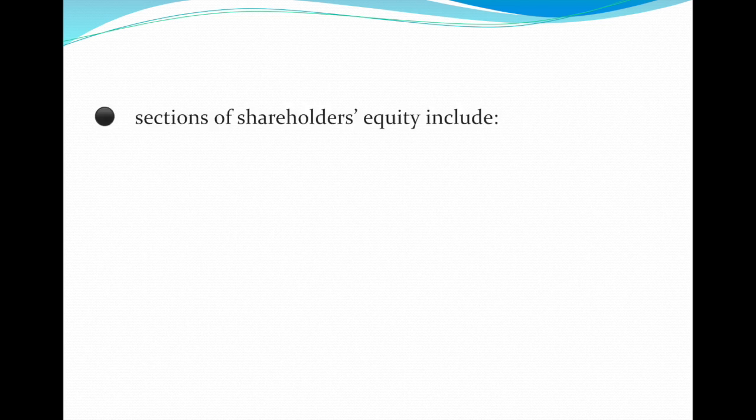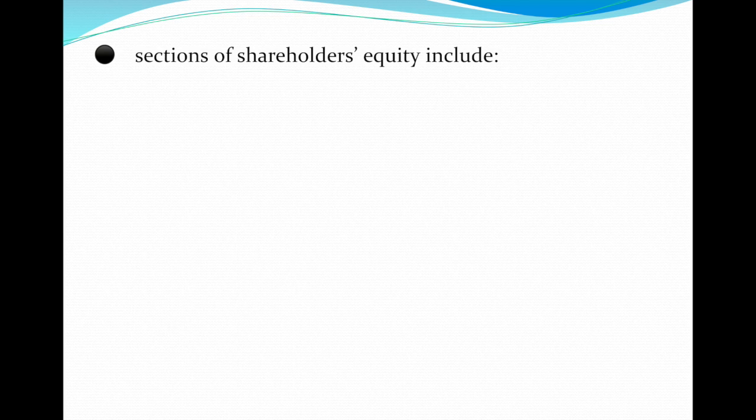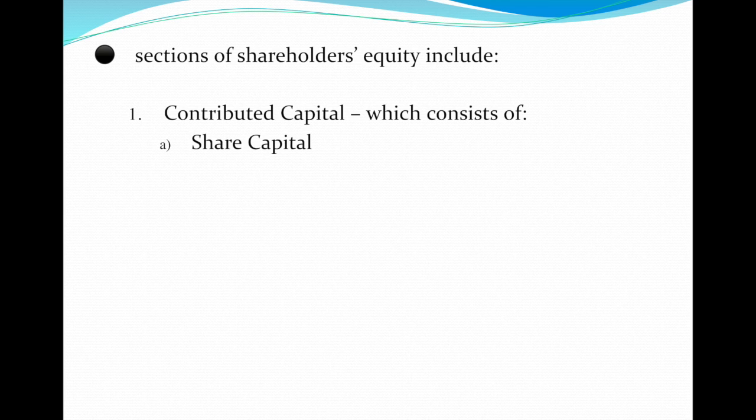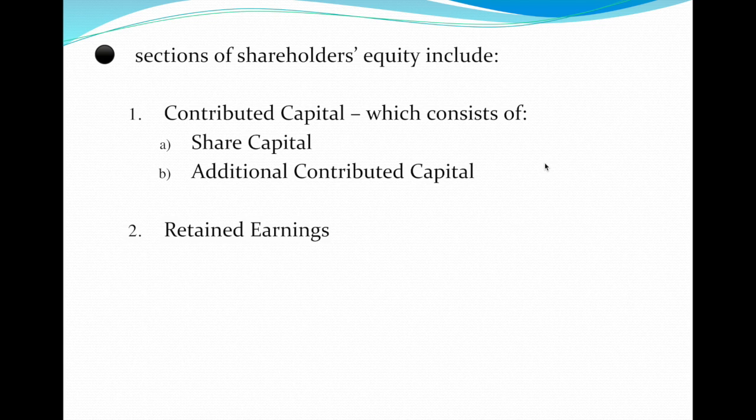Let's get into it. The sections of shareholders' equity include, number 1, contributed capital. Hopefully that term sounds a little bit familiar, which consists of share capital, additional contributed capital, that should sound familiar, and retained earnings.